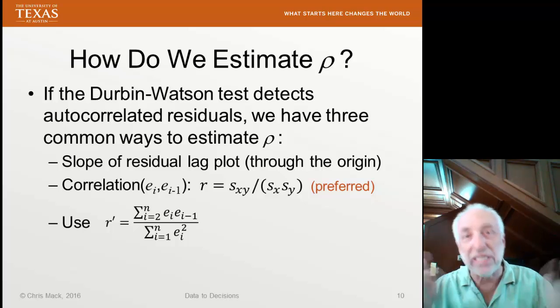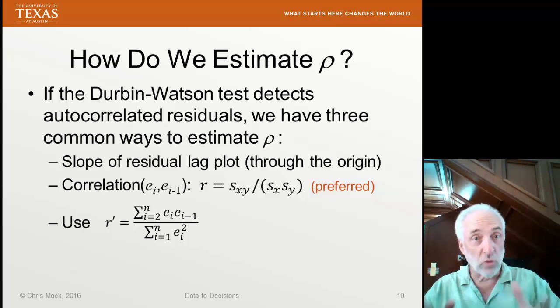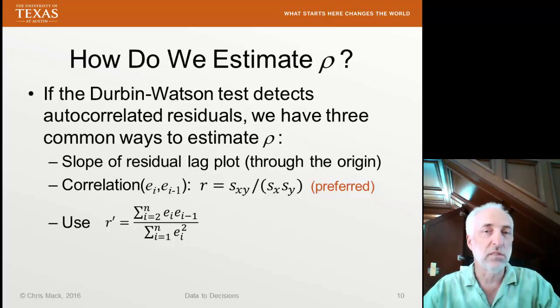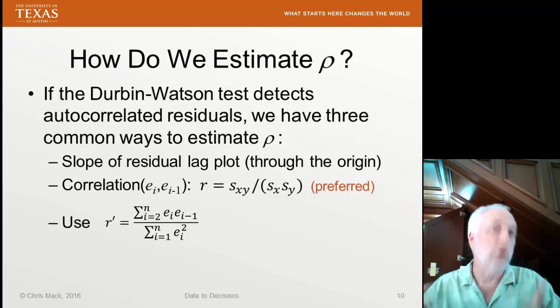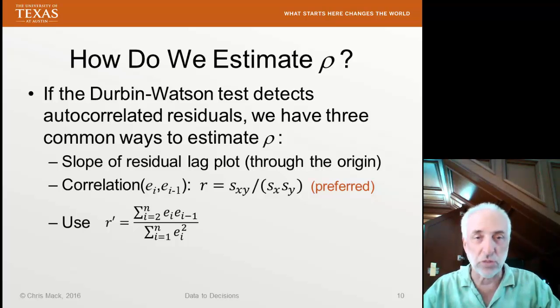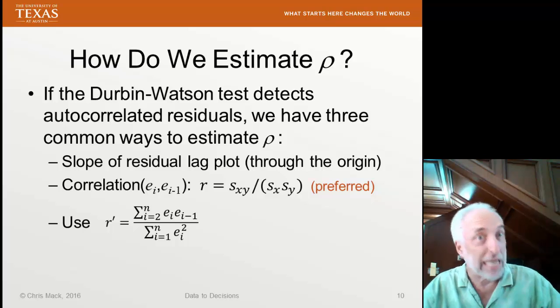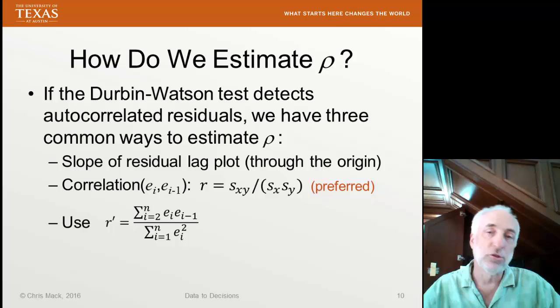To do something about it, we need to estimate the rho. So we've run the Durbin-Watson test. We've detected autocorrelation in the residuals. So we want to estimate rho. There's three ways that people do this. One is we look at the lag plot and we fit a straight line. Look at the slope. Our straight line should be a straight line through the origin.